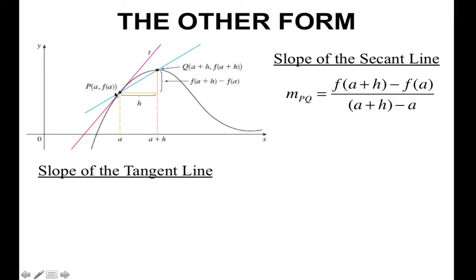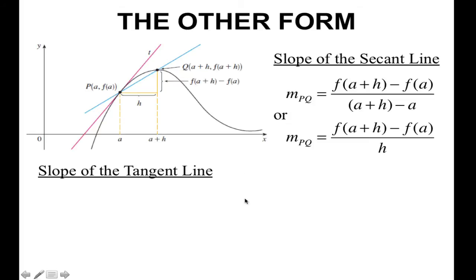In order to get the slope, we have to take the value of the function at Q. So we have f of a plus h minus f of a all over the change in the x values, a plus h minus a. I can simplify this a little bit to give me that the slope of the secant line is f of a plus h minus f of a all over h.